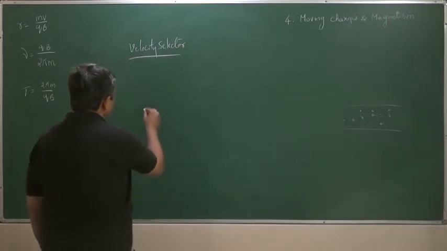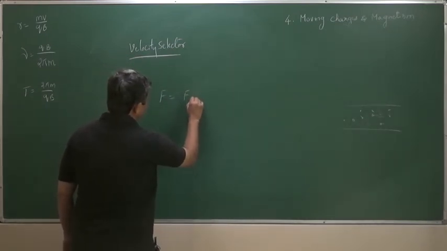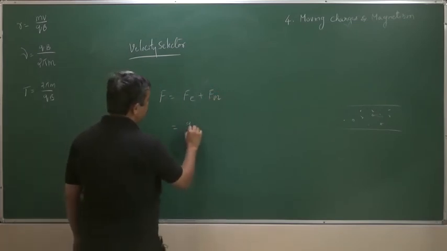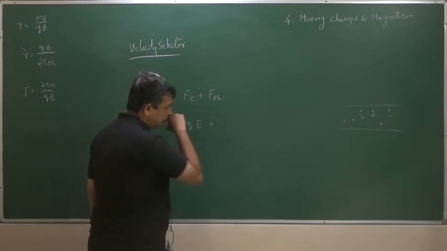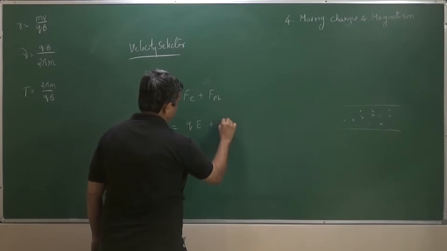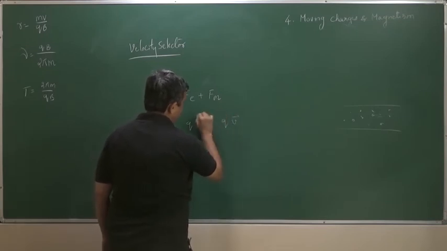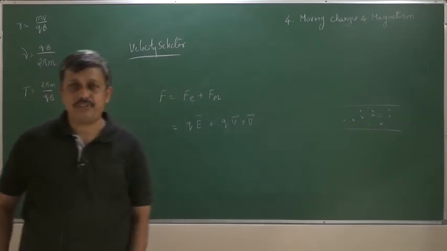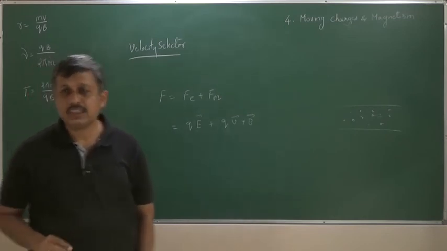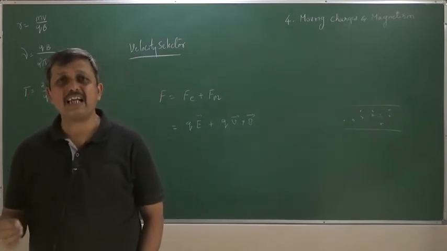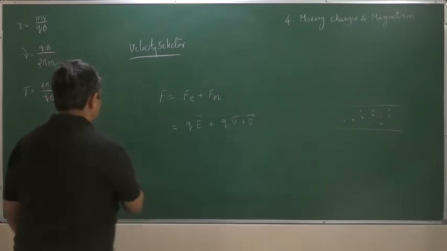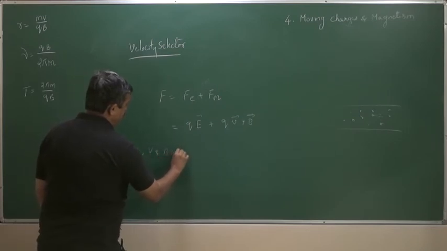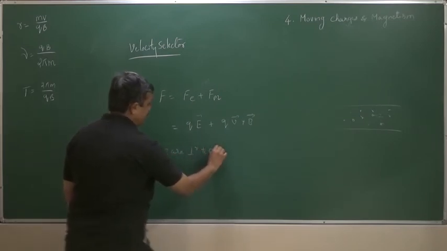We know that F is equal to F electric plus F magnetic. F electric is Q into E, plus F magnetic is Q into V cross B. You know this. Now suppose we consider that all three, V, E and B, are perpendicular to each other.